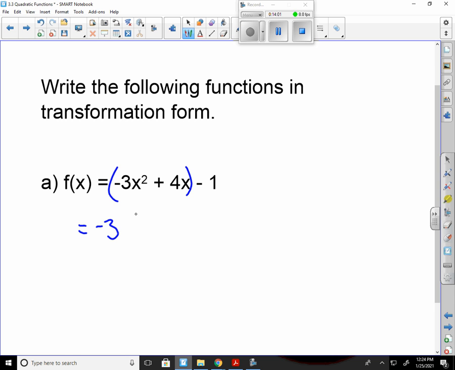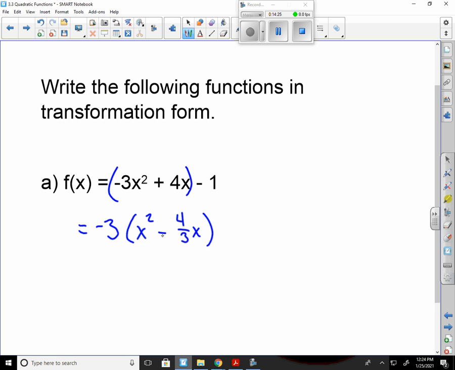So if I pull a negative 3 out, that leaves me with just x squared. Now this is crucial because I can't do anything else if I don't pull the negative 3 out. I have to have a 1 as my coefficient for x squared. But then 4 divided by 3 is not pretty. So we're going to leave it as negative 4 over 3x.